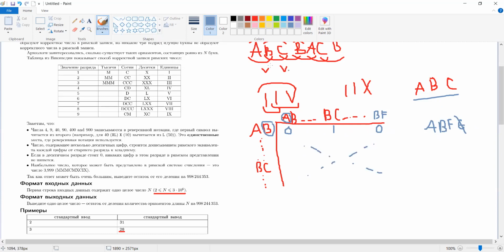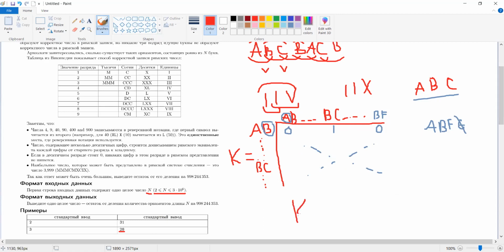So what is the question now? The question is, what does it give us? The total sum of all numbers in this matrix is 28. So it is the number of ornaments of length 3. Let's say that this matrix is matrix K. Now we need to find how many ornaments of length n there are.